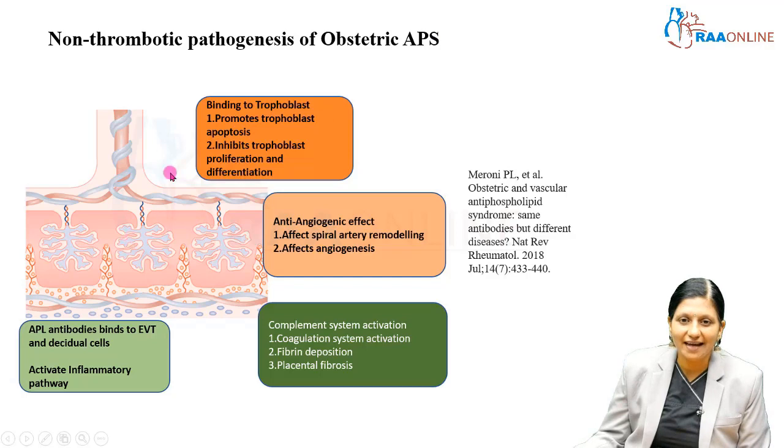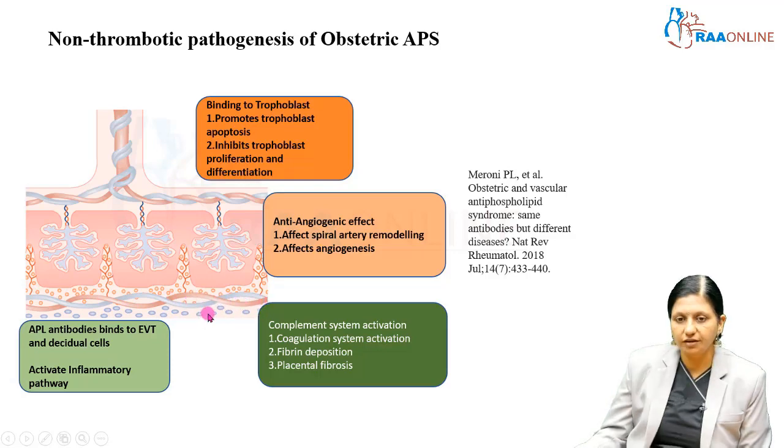It can directly damage the trophoblast, the fetal tissues. It can immunologically damage the trophoblast and the decidual cells. It can have an anti-angiogenic effect and prevent the spiral artery remodeling and angiogenesis at the decidua. And there can also be formation of microthrombi and complement activation in these blood vessels with fibrin deposition and placental fibrosis.